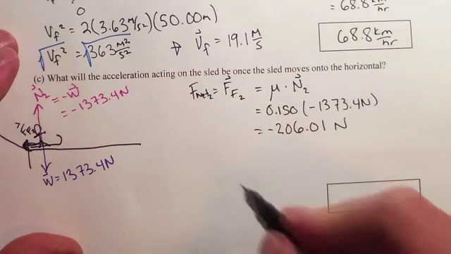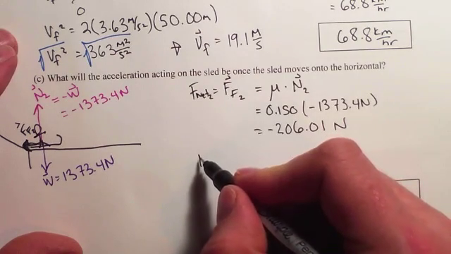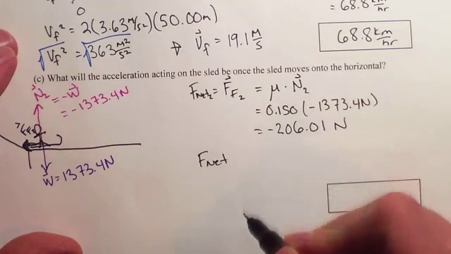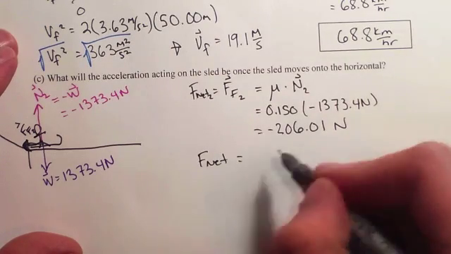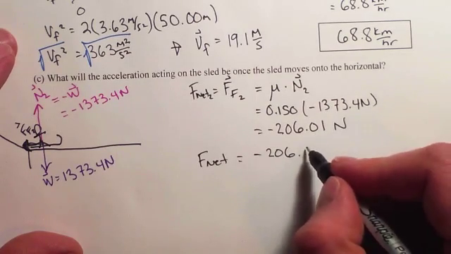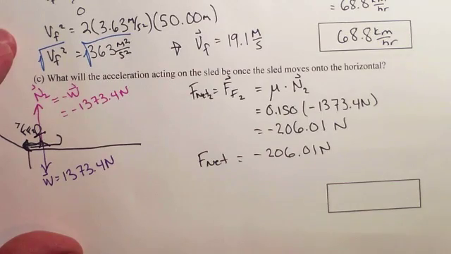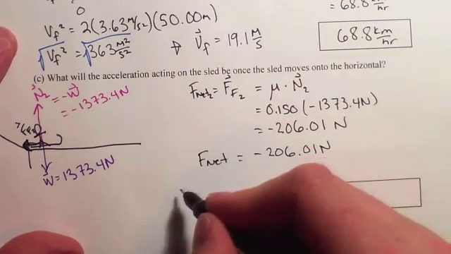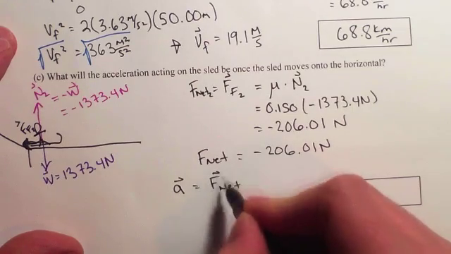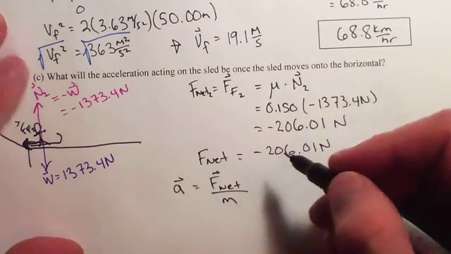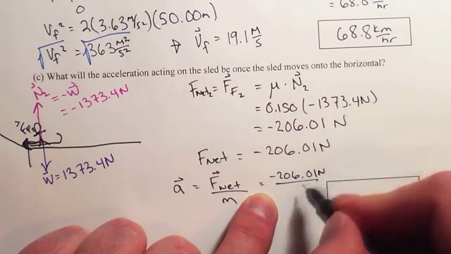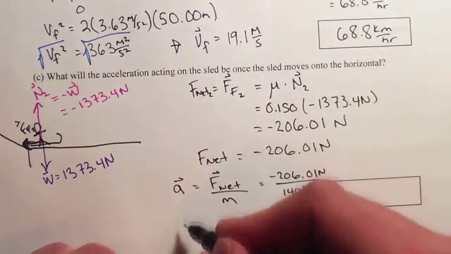So, once again, we can just define F net to be negative 206.01 newtons. Again, I'm just going to keep the negative sign there. I think it's going to help me in a minute. So we can say acceleration is equal to F net divided by the mass, 206.01 newtons over 140 kilograms.